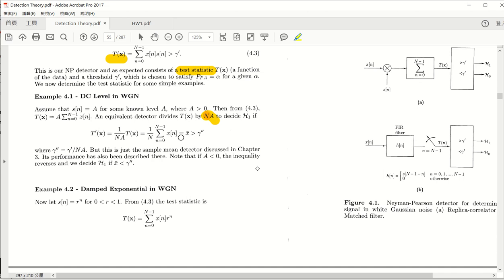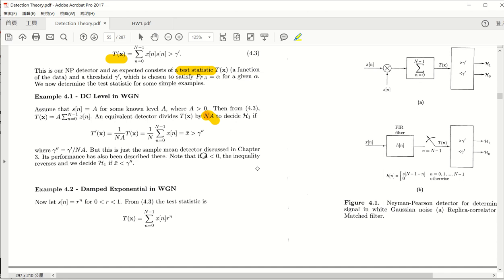It's a coincidence, but that also demonstrates the power, the effectiveness of our derivation. So our derivation is consistent with our intuition. That's what this example is trying to demonstrate.